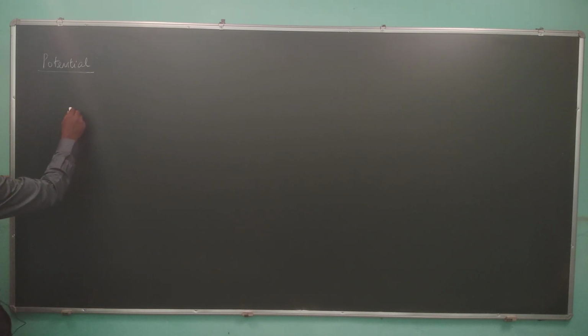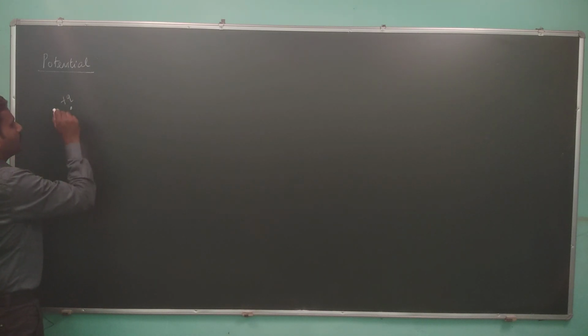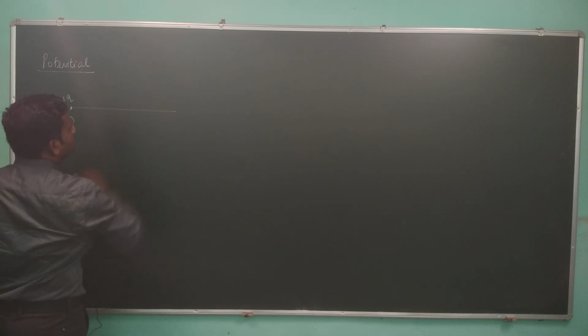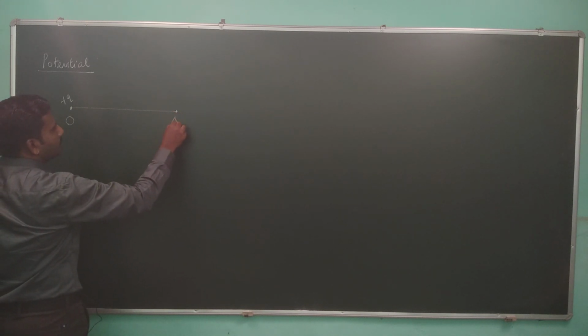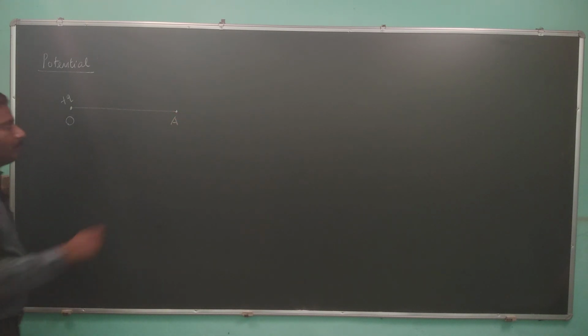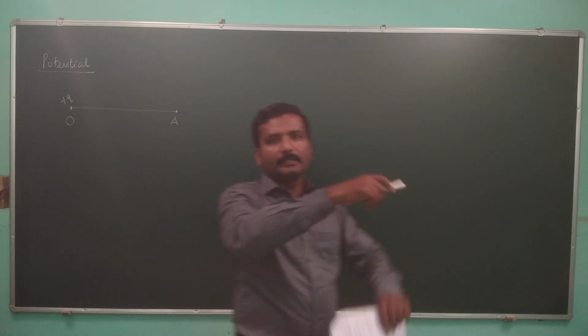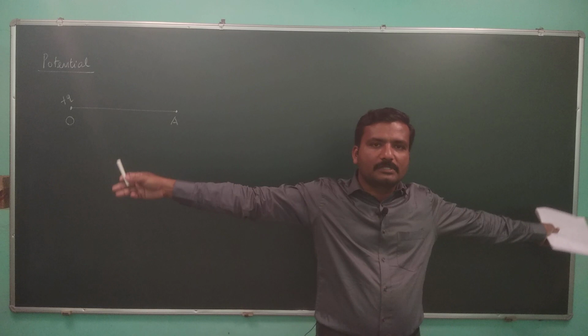See, let us consider a positive charge plus Q, which is located at the origin O. From this point, at a certain distance, let us mark a point A. If there is a charge, then around this charge there will be an electric field, just like if there is a fire, then the heat will be experienced for a certain distance.